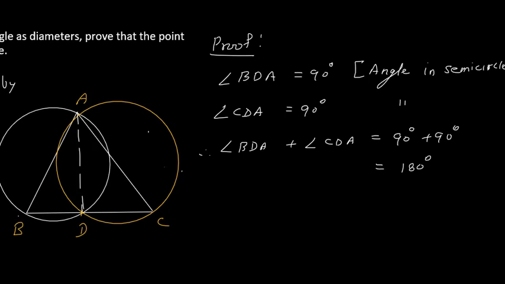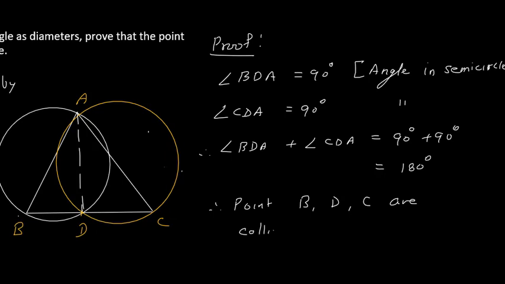So therefore, the angles form a linear pair. So I will say that therefore points B, D, C are collinear.